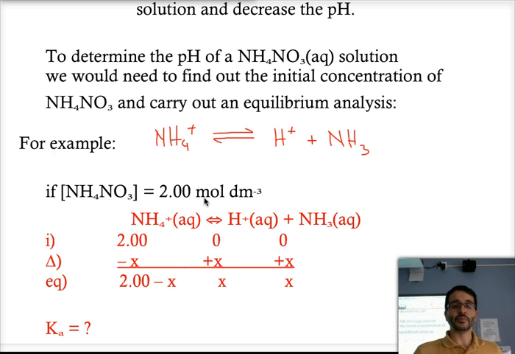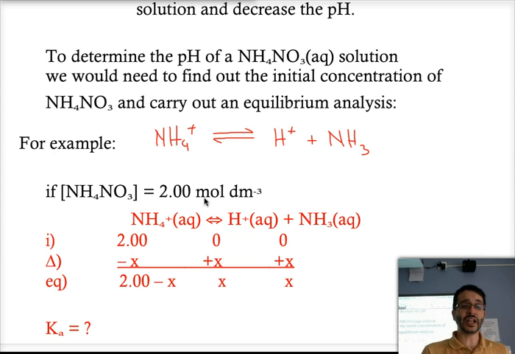Now, there's no initial H+, there's no initial ammonia, there's only ammonium that is being dissolved. Why do we not include the nitrate? The nitrate is acting as a spectator ion. It is not reacting, and therefore it can just be eliminated from the reaction. The change, we're going to take some ammonium and break it down to make H+ and ammonia.